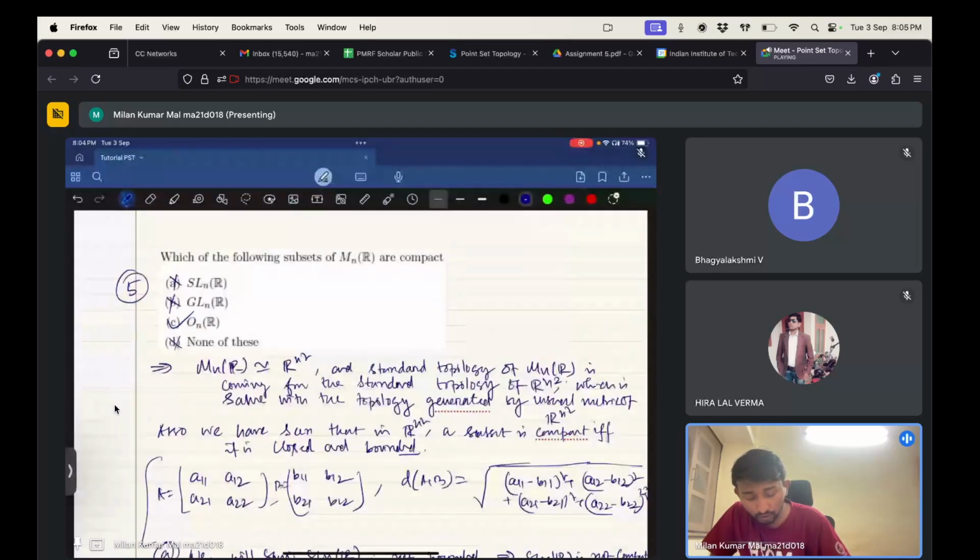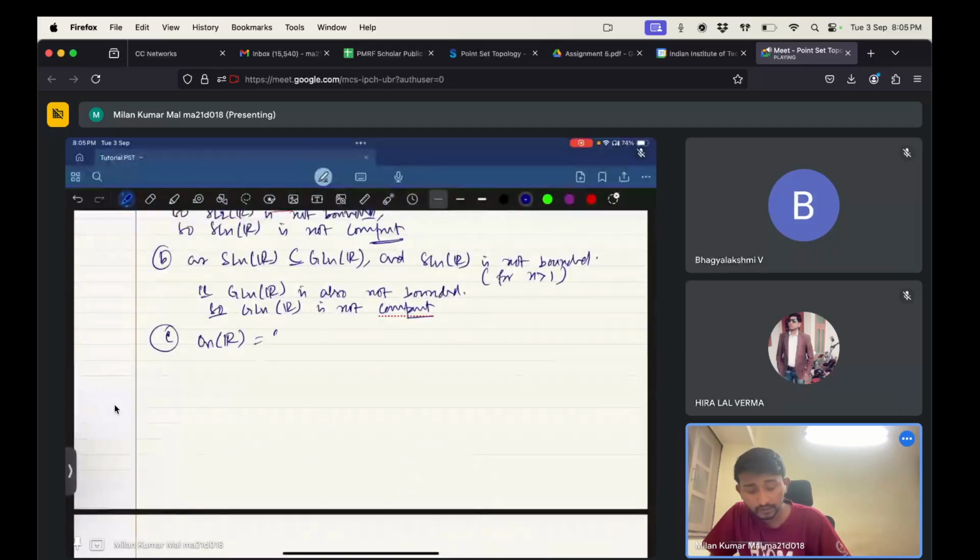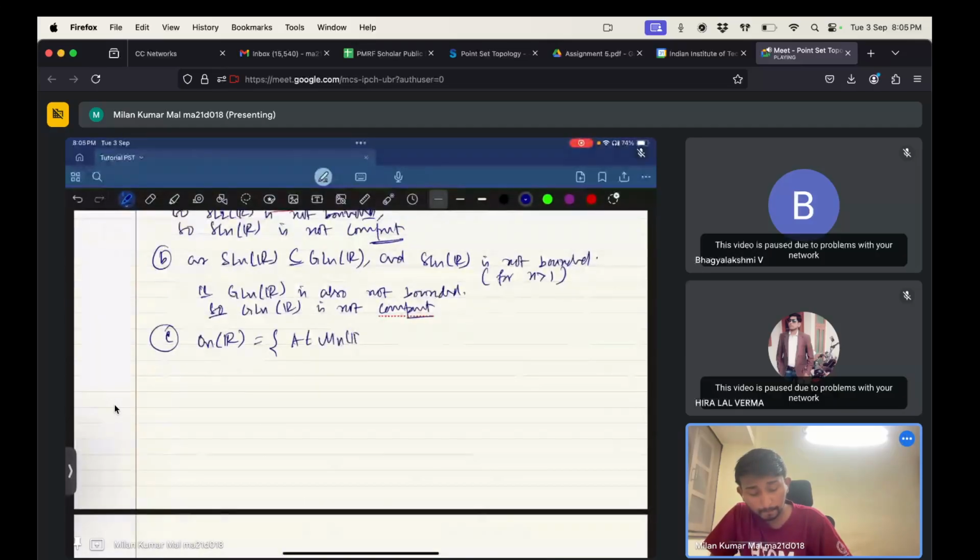We know ONR means orthogonal matrices, all those A belonging to MnR such that A transpose A equals identity.